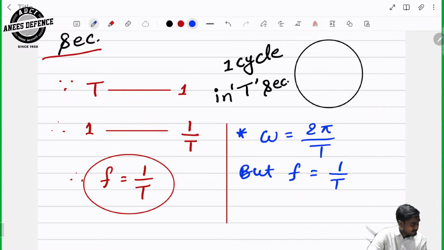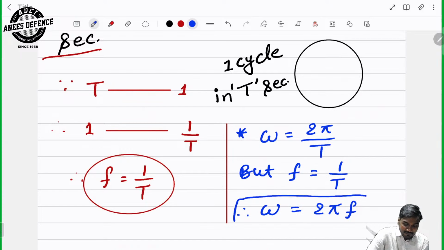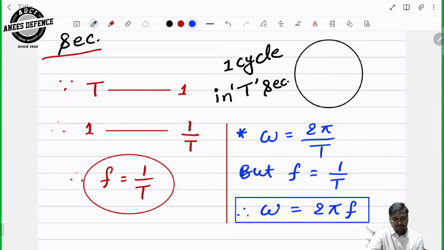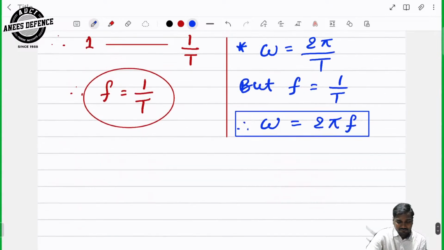So can I write omega is equal to 2 pi as it is, and 1 by T is nothing but what? Frequency. So 2 pi into frequency. Right? Yes, sir. Okay. Next.